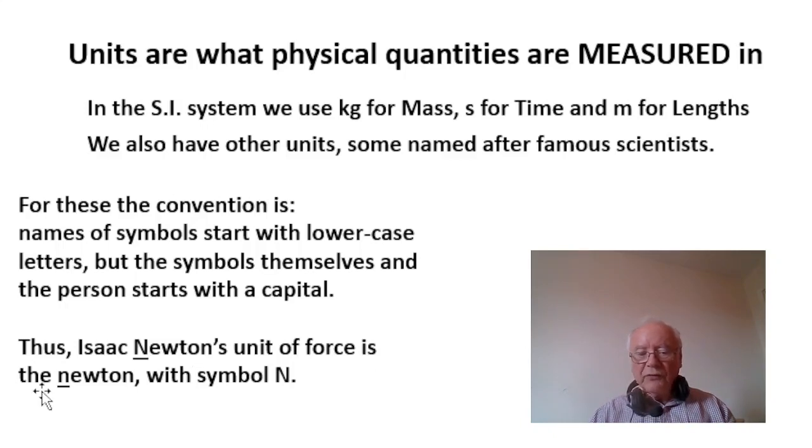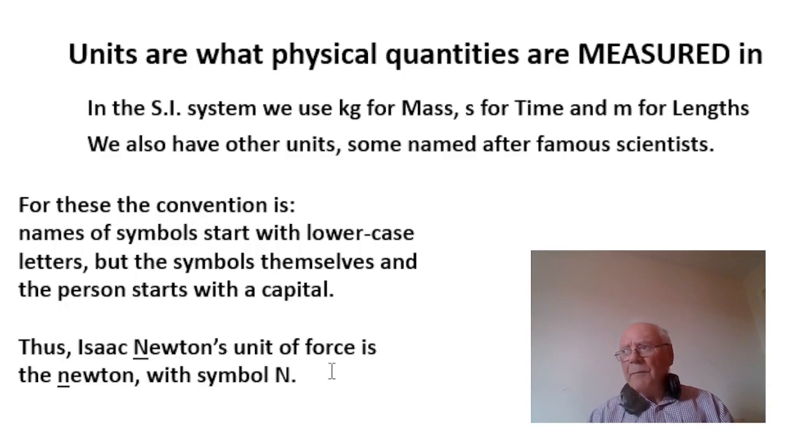The unit of force is called the newton. This is a common noun, and it therefore has a lowercase letter. And the symbol for newtons is capital N. So the newton is a small n, and the name of the person and the actual letter that we use is capital. So those are the units that we use.